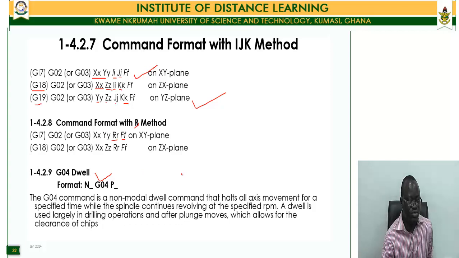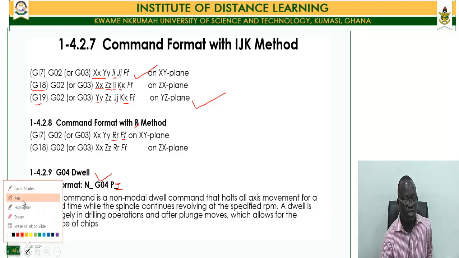When you use dwell, you command the tool to remain in its position without any movement along the axes. So it stops the axis movement, and the spindle will still be rotating.